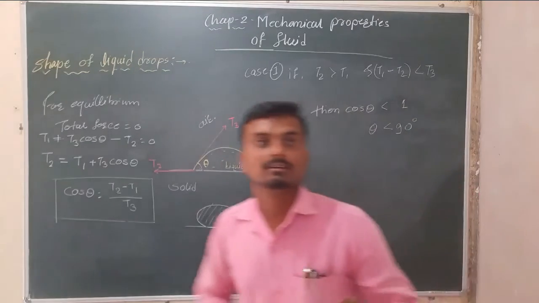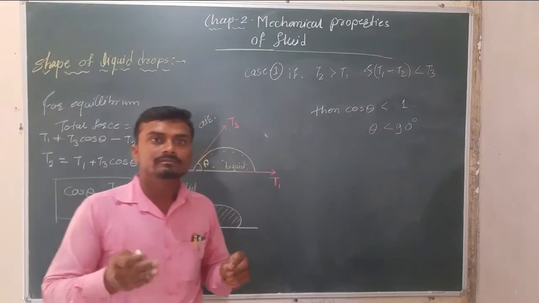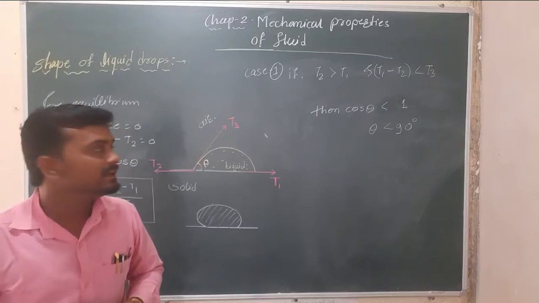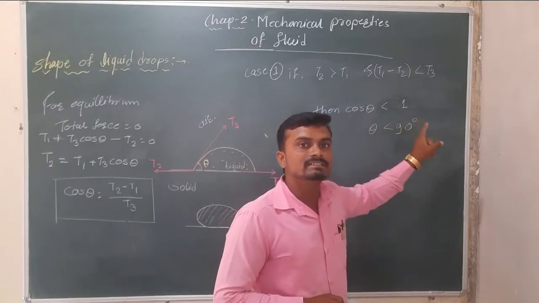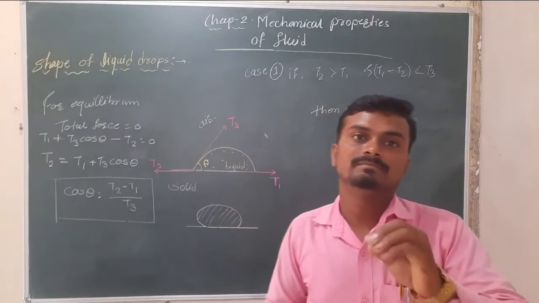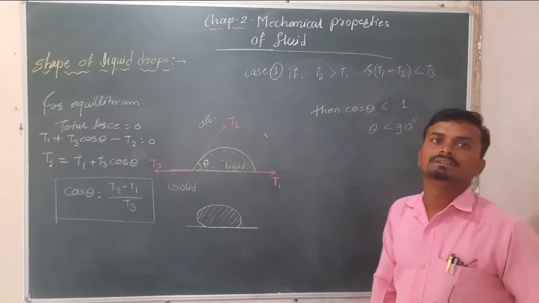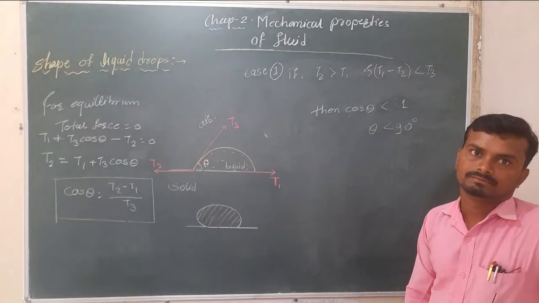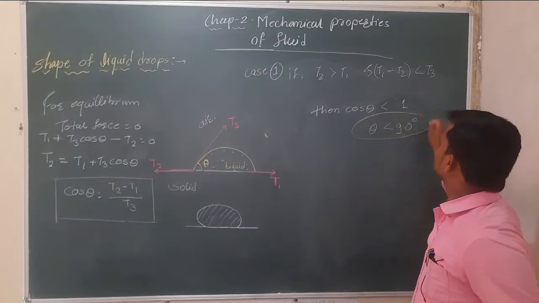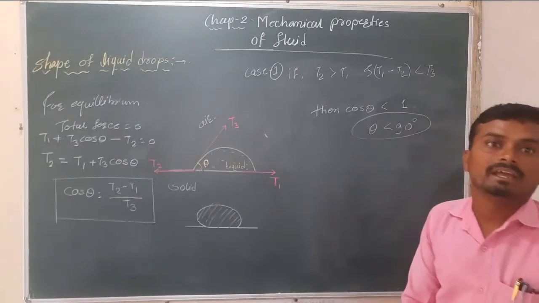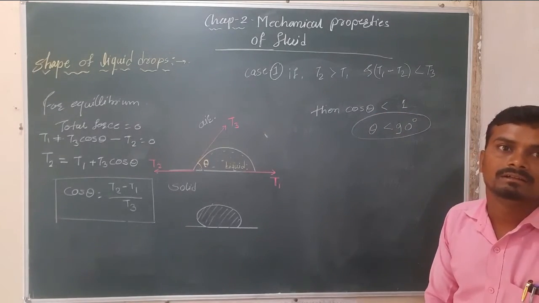For an angle which is less than 90 degree, cos of theta is less than 1, but it is positive. And in this case, theta is less than 90 degree, that means acute angle.